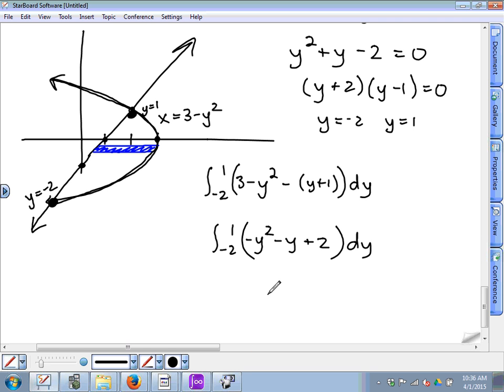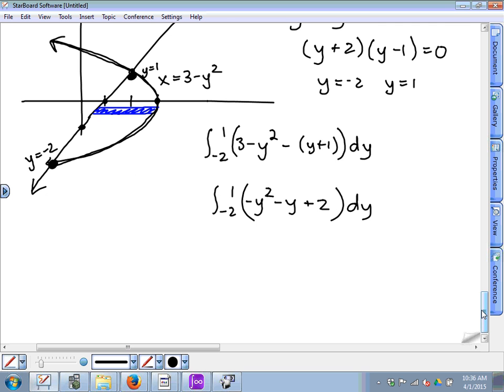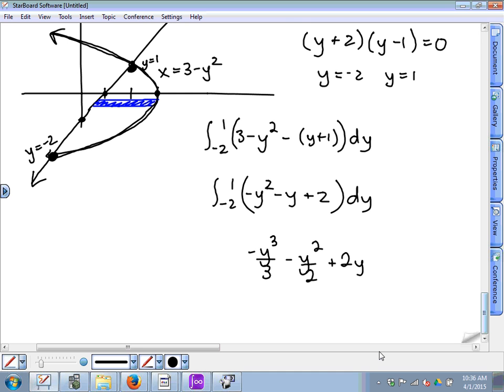Okay. Now the antiderivative is negative y cubed over 3 minus y squared over 2 plus 2y. We evaluate that antiderivative from negative 2 to 1.